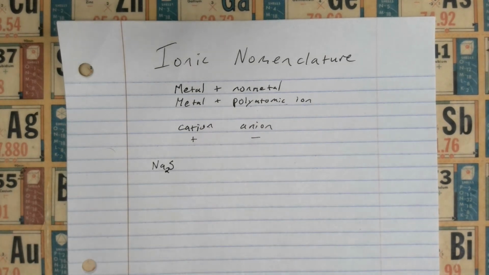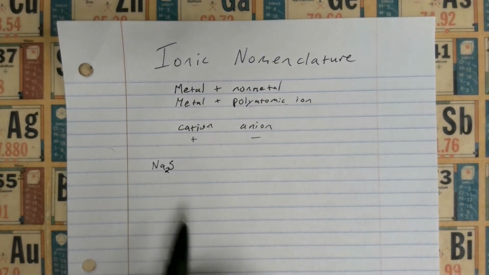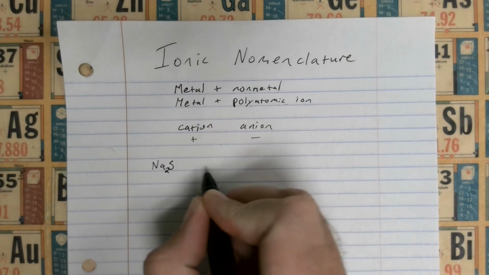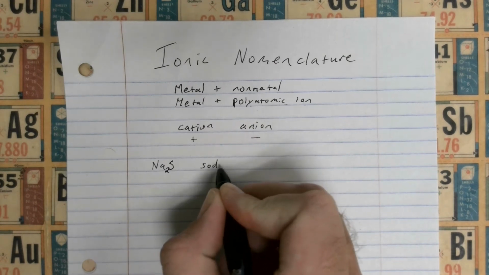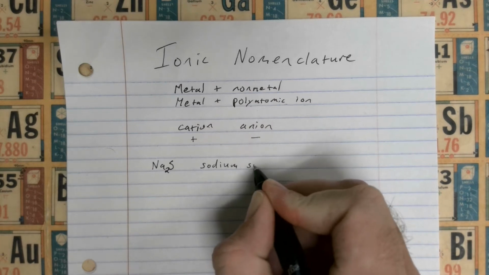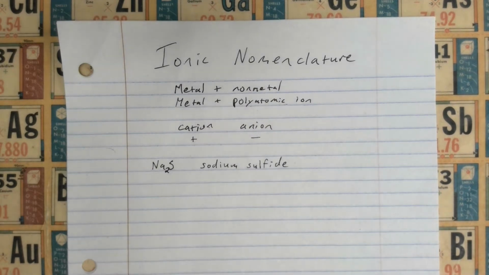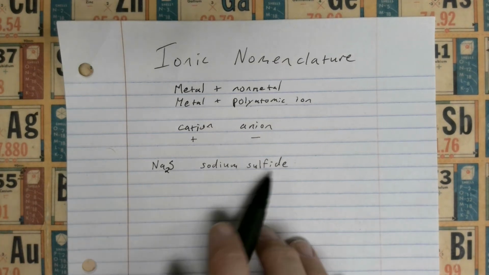Na2S. So we know that sodium is a metal, sulfur is a nonmetal, so this is ionic. When we name it, naming is pretty easy. You just give the metal its name, and then you change the ending of the nonmetal or the anion to "ide." So that becomes sodium sulfide.